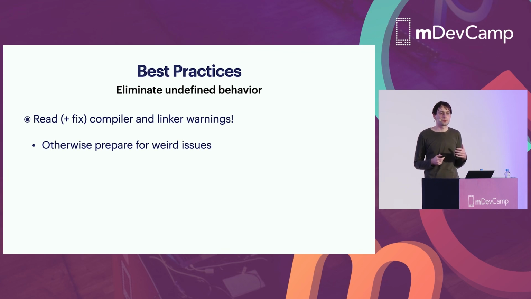They oftentimes point to serious issues, and if you don't understand what the warning means, learn what it means, or otherwise assume it's very bad. And yeah, not doing so will oftentimes lead to weird issues that may not be apparent at first. Unfortunately, the warnings also aren't always that descriptive. So the warning will just tell you there is an error or there is some problem. You oftentimes don't know what the problem is.